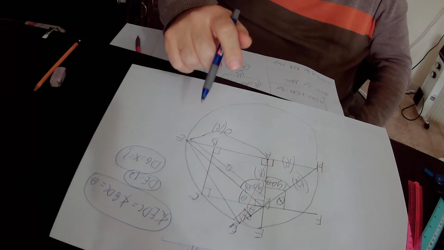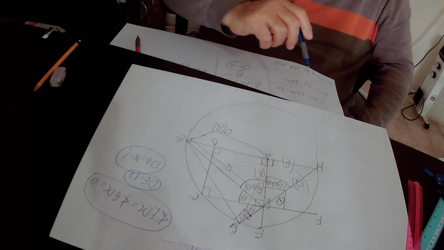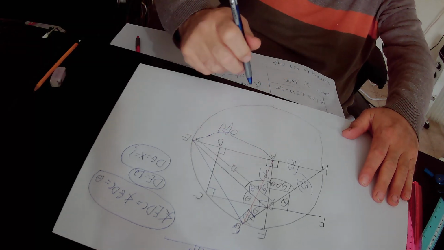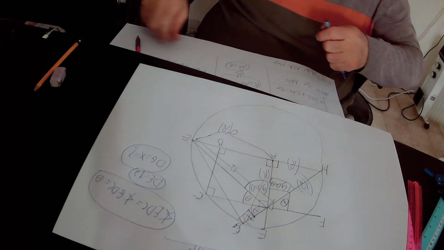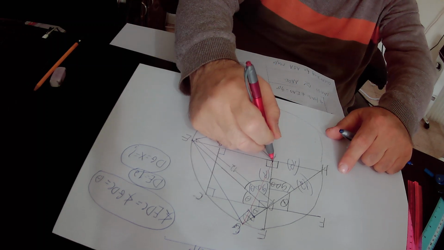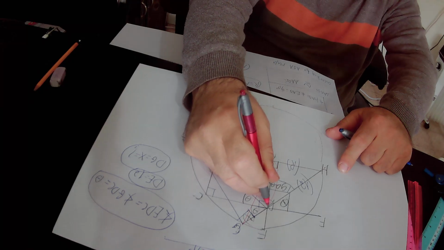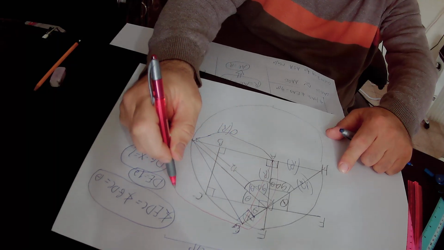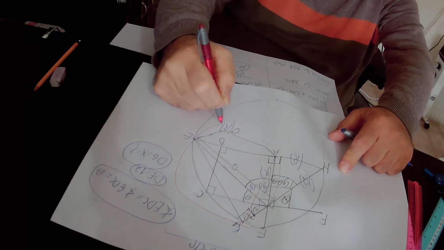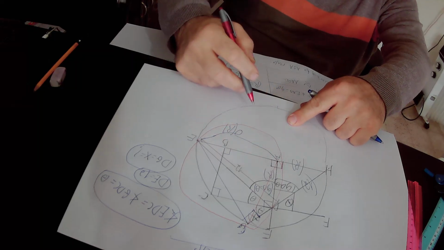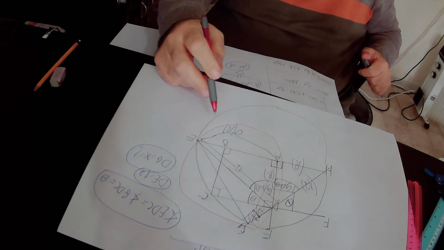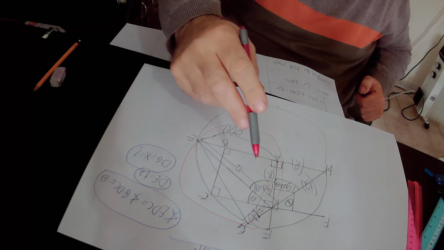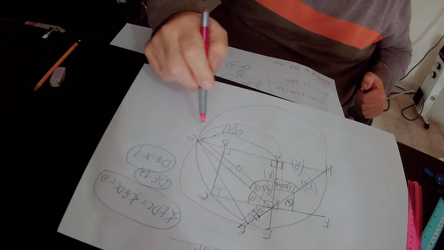Therefore, I will draw the circle that encloses this quadrilateral. So the red circle is the circle that encloses quadrilateral ADGE.